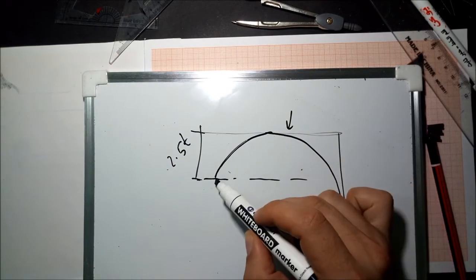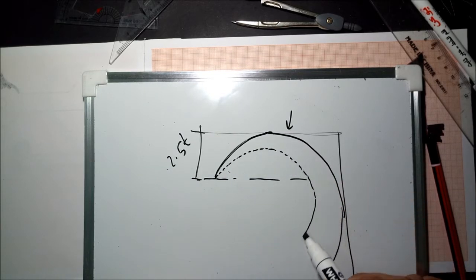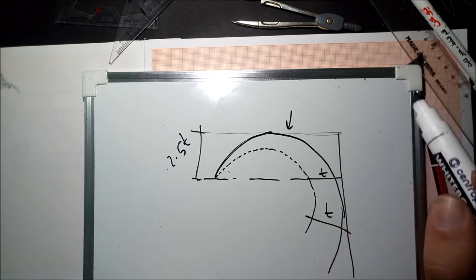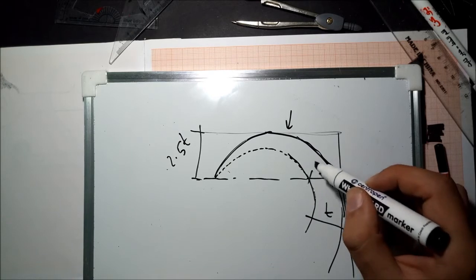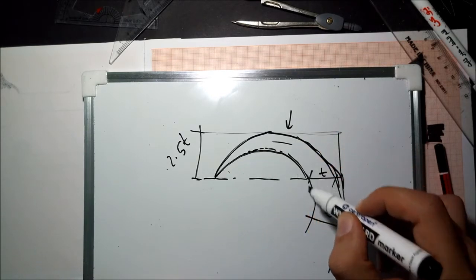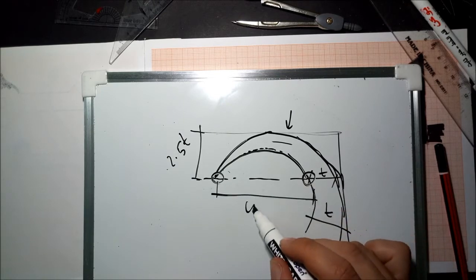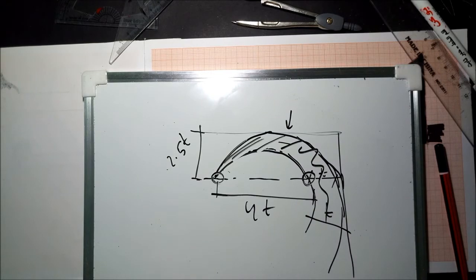When it stops here, it gradually changes. So right here we've got T, we've got T here. This will have to touch the edge. Then it starts to decrease in size. This point and this point, they've got a distance of 4t between them, and this is the shape that we've got.